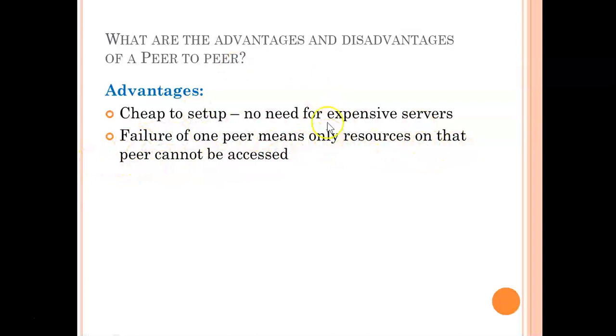So if you have a peer-to-peer connection of, let's say, 10 computers, and let's say one computer in that peer-to-peer network fails, it just means that the other 9 can communicate with each other still, but you cannot access the information or communicate with the one peer that fails. And there's no need for specialists to maintain this network, so it's not as complex as a client-server network, so no need for specialists to get involved in maintaining it.